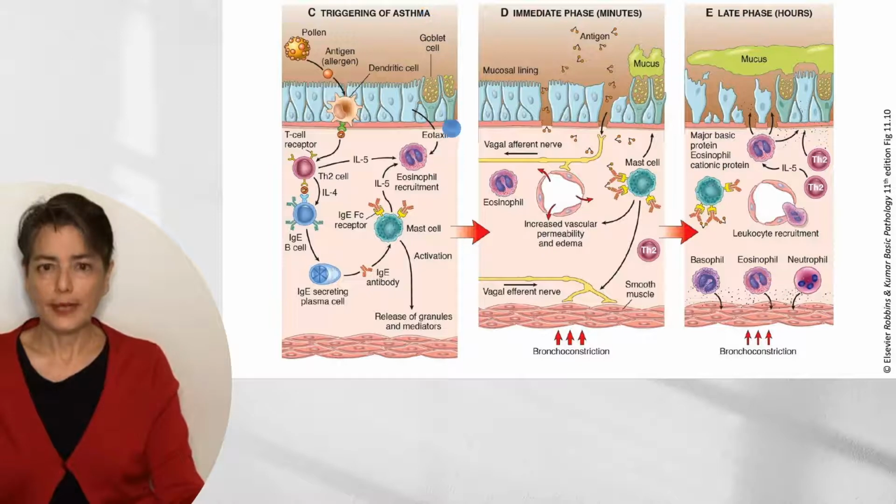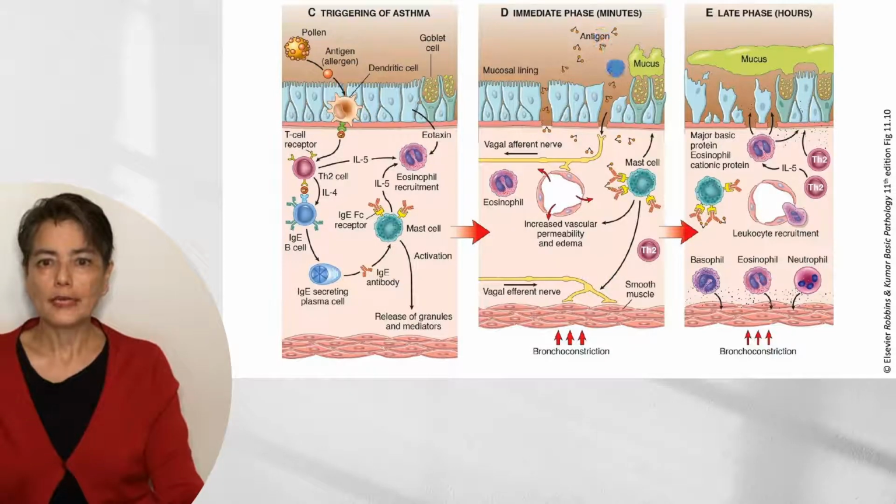Now, when this patient who is now primed for asthma is then re-exposed to this pollen, what's going to happen is that the IgE antibodies are going to now cross-link our receptors on our mast cell, and this is going to stimulate our vagal efferent nerve.